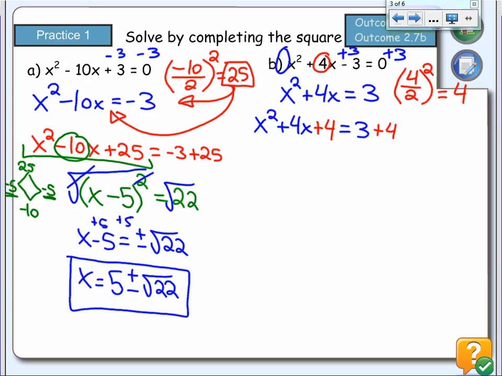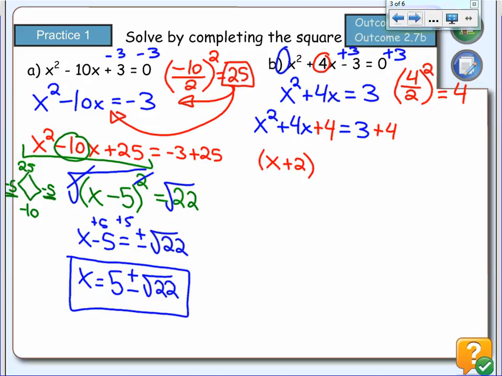Now, the reason we did that third step to get this weird thing that we could add to both sides is because it creates a trinomial we can now factor on the left-hand side. So we can factor this thing, and it will always end up being x, and then it's going to be b divided by 2. So 4 divided by 2 is plus 2. It'll always factor to be that.